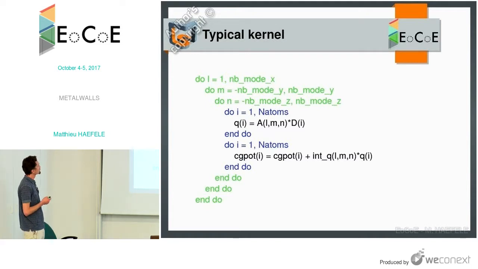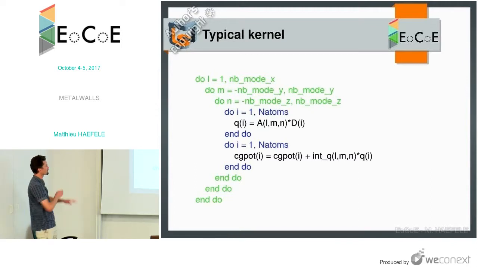We are working in Fourier space here, and we are in 3D, so we have a number of modes in X, Y, and Z. For each mode, we are looping over all our atoms, building a quantity Q that is valid for each atom. It depends on something related to the mode and something related to the atom we are treating right now.